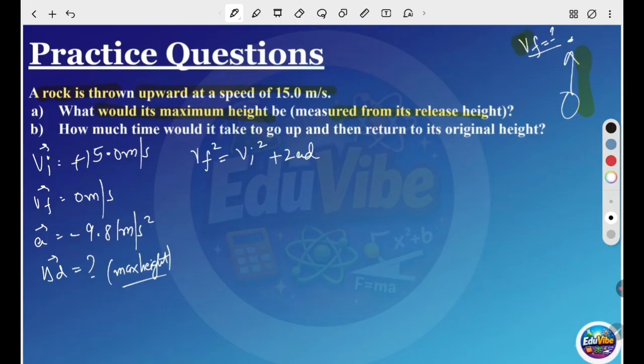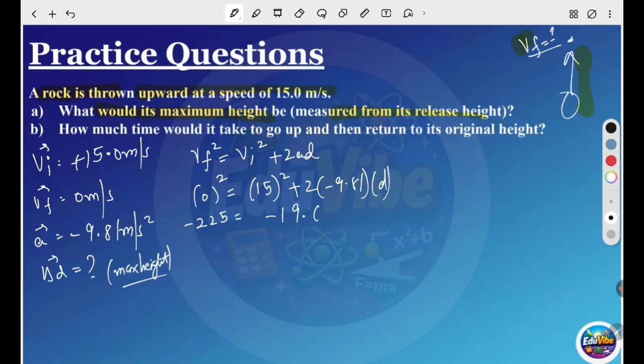Vf squared is equal to Vi squared plus 2AD. We know that Vf squared is 0, Vi is 15 squared, A is minus 9.81, and D we have to find. 15 squared is 225, so minus 225 is equal to minus 19.6 D. We want D, so the minus cancels out, and when we solve this we get a positive 11.5 meters.